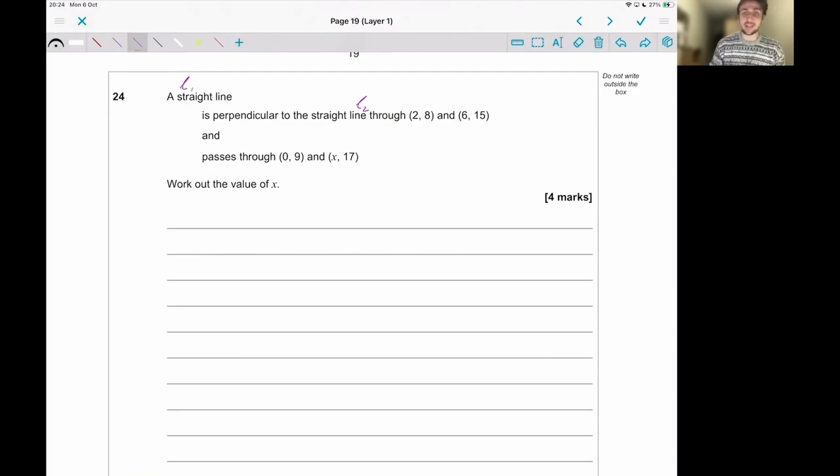The gradient, by the way, is the measure of how steep a slope is. The gradient is calculated by the change in y over the change in x. I'm using a triangle symbol to replace the words change in y divided by change in x. So it's the vertical change divided by the horizontal change.